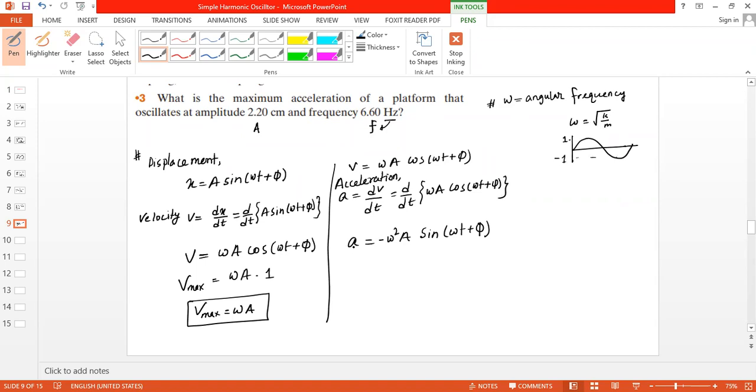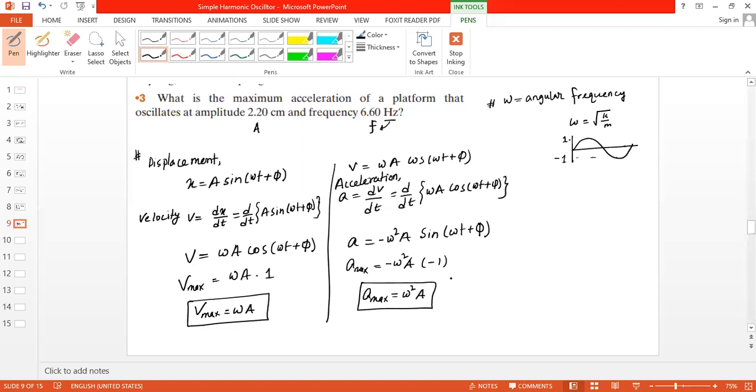So a will be maximum when I put the sine function value as -1. So a max equals minus omega square a times -1, so a max is equal to omega square a, right? This is my a max.